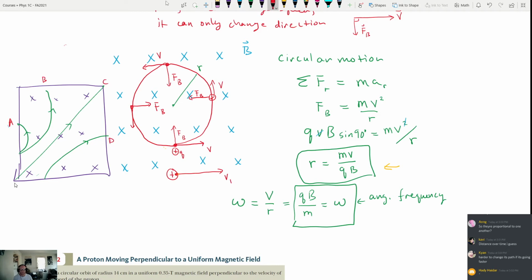All right. And let's say that we know they all have the same mass. Can you all tell me what the charges on all the particles are?